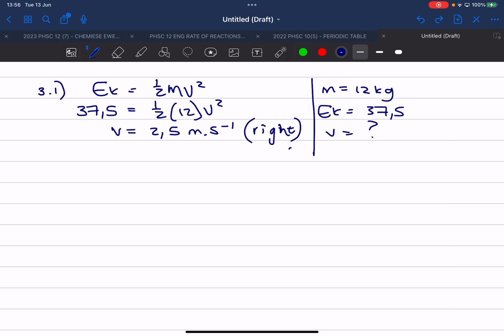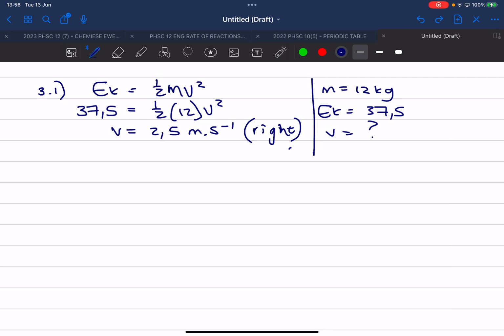Laat ek net gou seker maak. Okay, yeah. That the combined speed of the trolleys is 3.2.